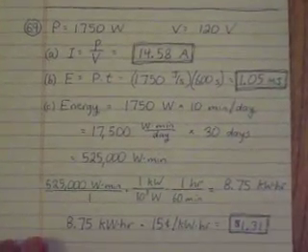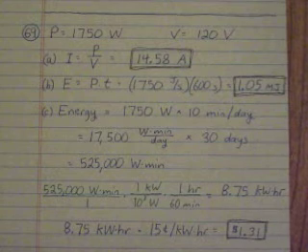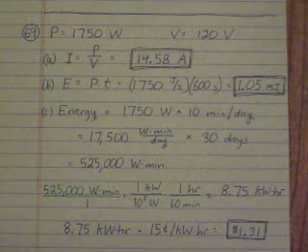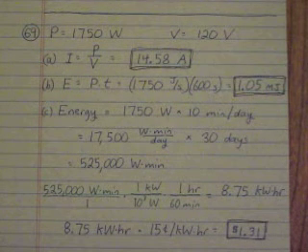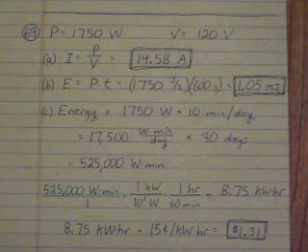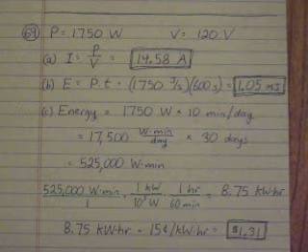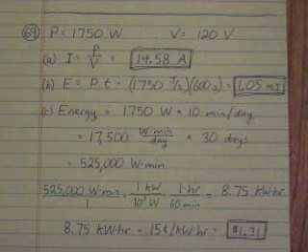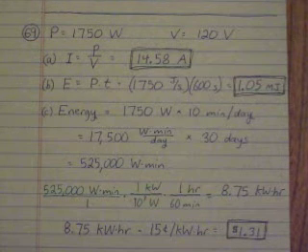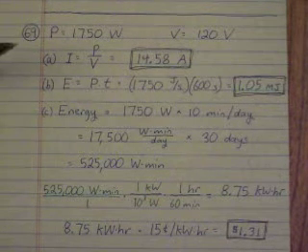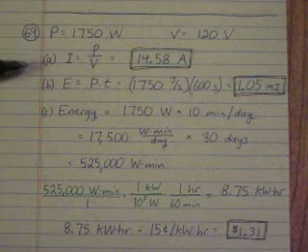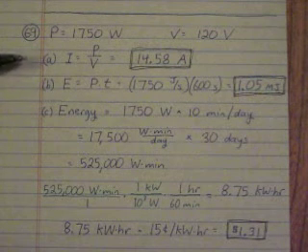Number 69. Power of 1750 watts, 120 volts, and question A asks about the current. So current is power divided by volts, and that gives 14.58 amperes.